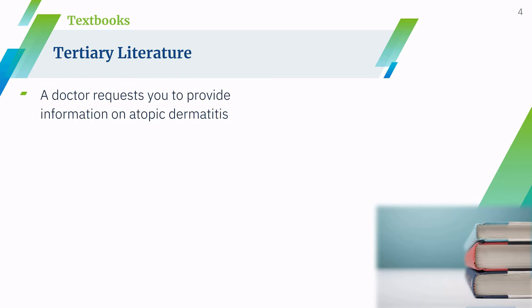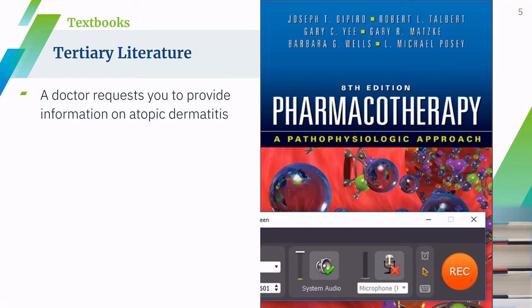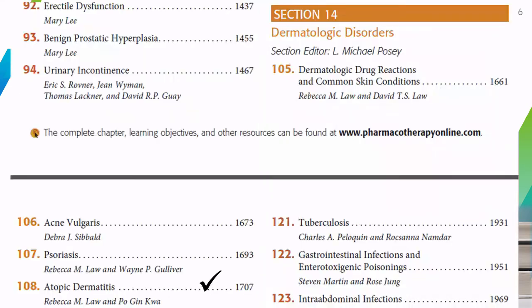Assume that you are requested for information on therapy of atopic dermatitis. Here is an example of tertiary literature. You have the 8th edition of Pharmacotherapy: A Pathophysiologic Approach. You find that there is a chapter titled Atopic Dermatitis under section 14.